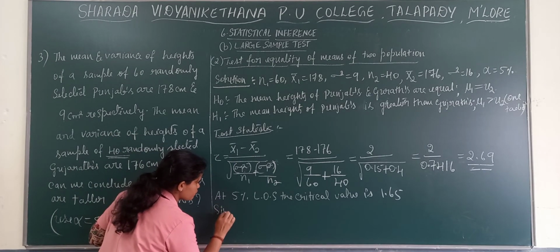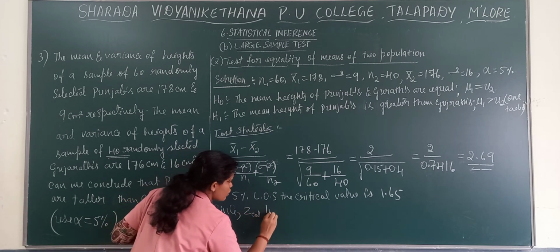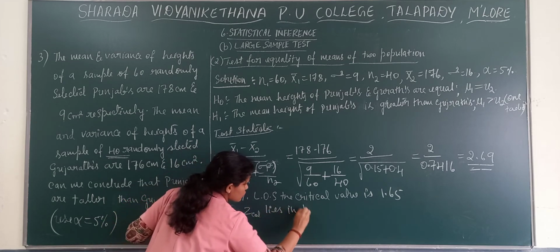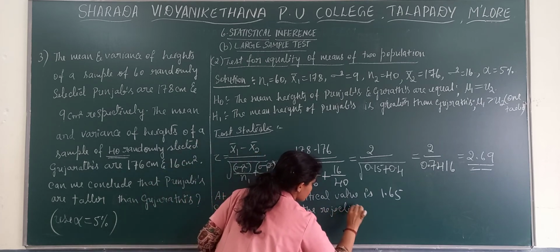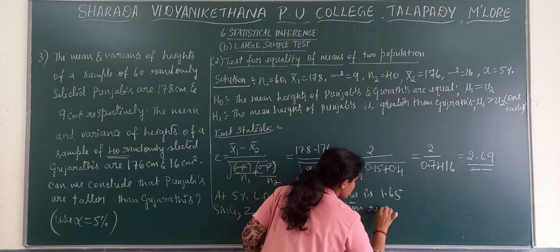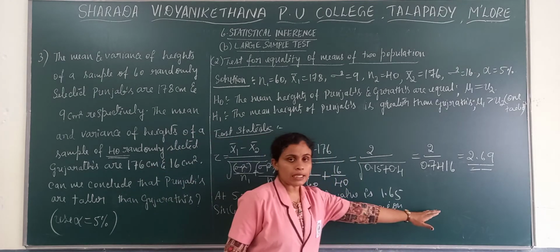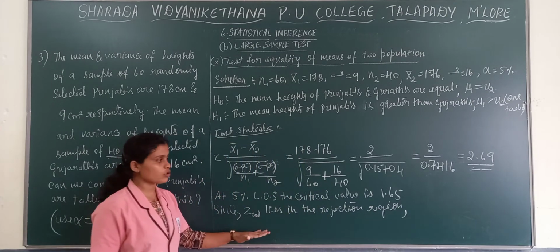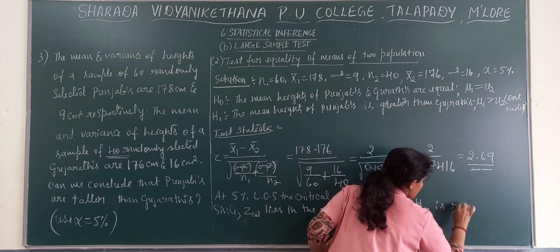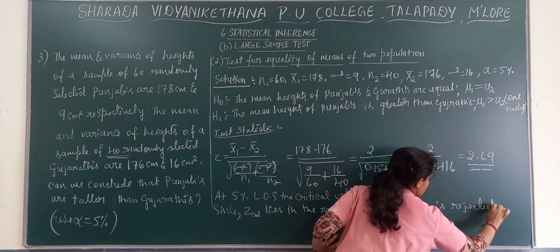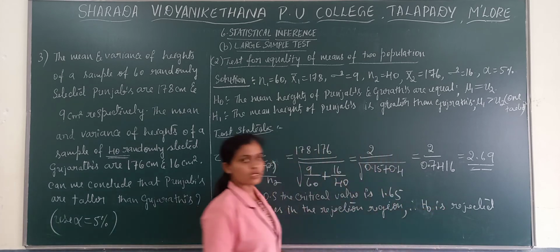Since the calculated value lies in the rejection region, we will write the conclusion here. So H0 is rejected.